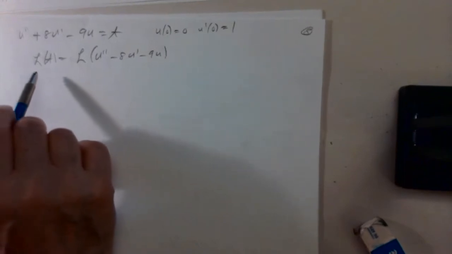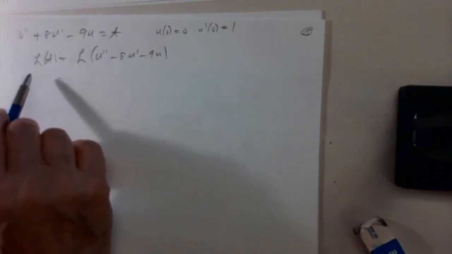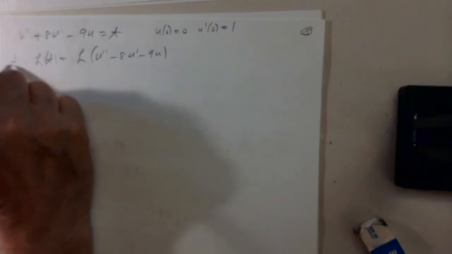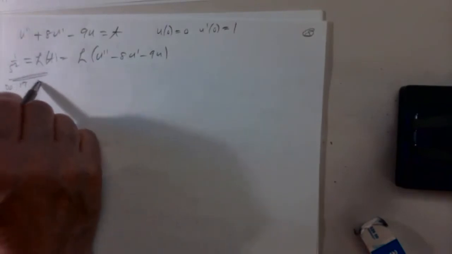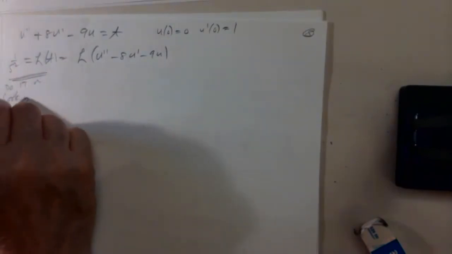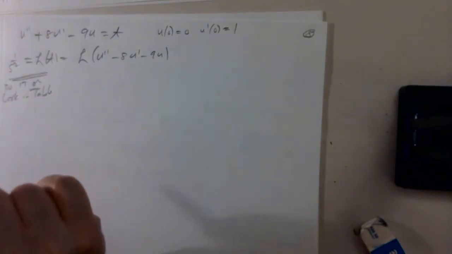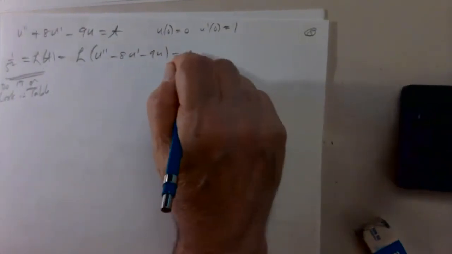The Laplace transform of t is 1 over s squared. Right? So you have to either do it or look in the table.